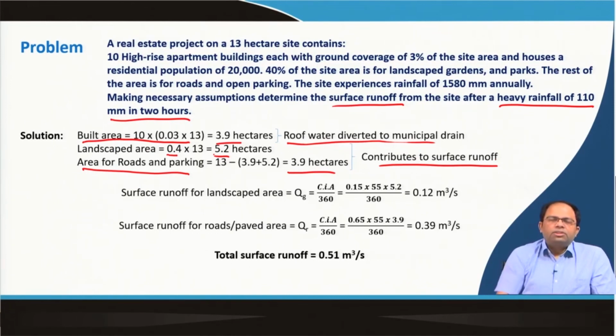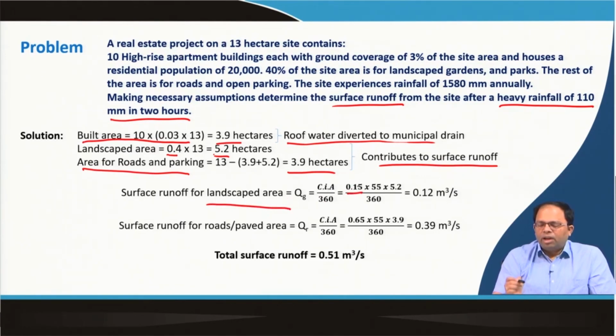Then, using the rational formula, we can put all the figures in the equation CIA by 360. For the landscape area, where the coefficient is 0.15, we multiply with the intensity of rainfall, which is 110 in 2 hours, basically 55 millimeter per hour.